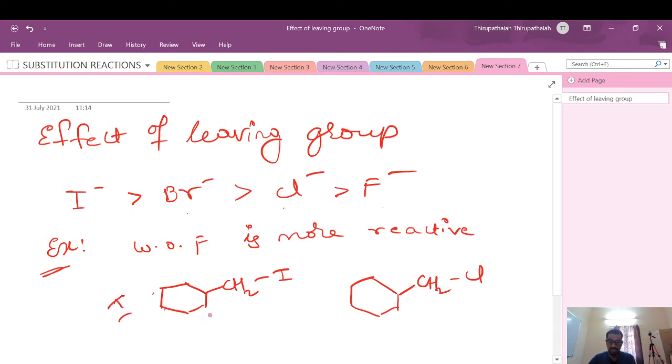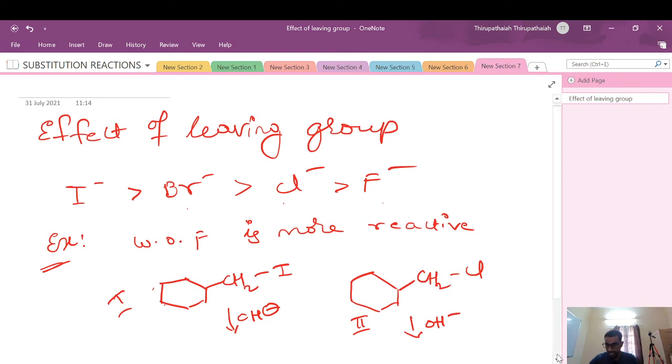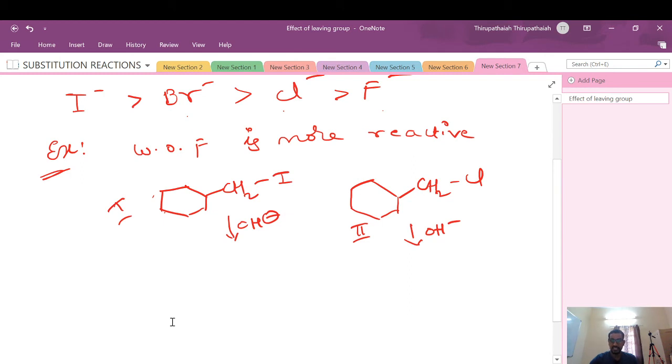This is compound 1 and this is compound 2. Now both are given with OH minus ion. Then which one will be more reactive? Out of these two, iodide is the easy leaving group. Hence, compound 1 will be more reactive than compound 2. Did you understand this? Next, we see some more examples.